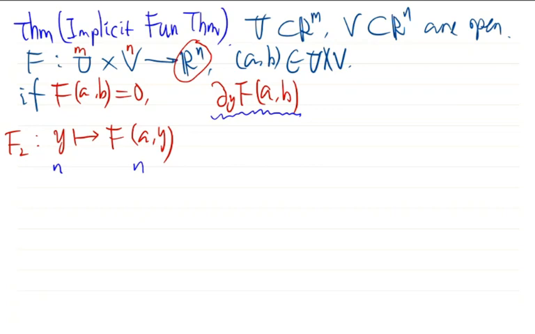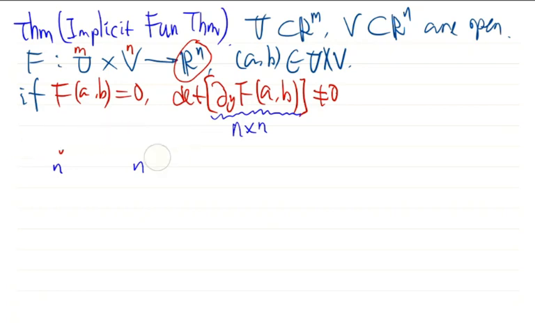Therefore, the derivative of F2 at B, that is the partial derivative of capital F at AB, is an n by n matrix. So for this n by n matrix, we can talk about the determinant. We assume that the determinant is not 0. So this is the condition imposed on the map F. In addition to the differentiability, we assume that F is a C1 map.